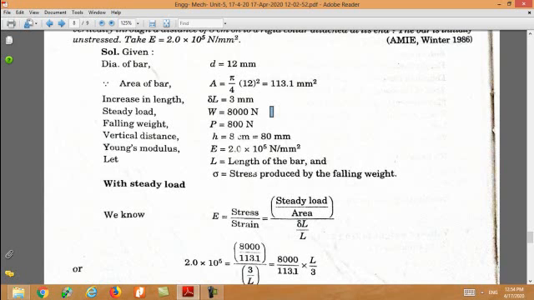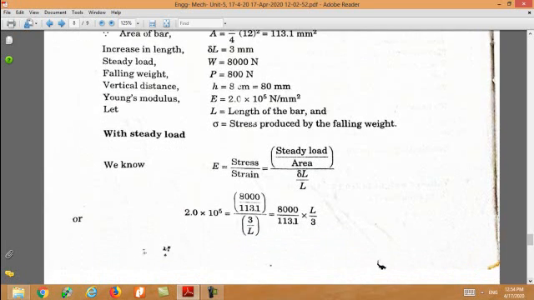So vertical distance is given, length of the bar is not. First we will calculate the length of the bar from the steady load. First forget the falling weight. Calculate E as stress upon strain. You know the stress is steady load upon area, and the change in length is given for this 8000 Newton.